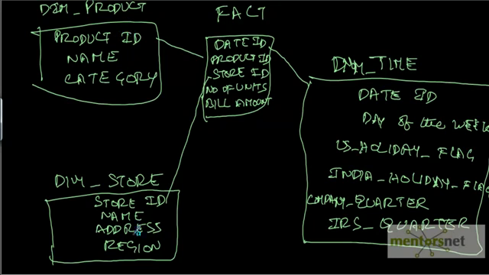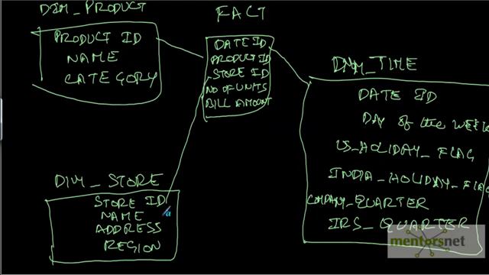In the store also we have only the region and the store name currently, but we can save more attributes, like whether it's a region with high density of population or low density of population, high income, what is the average income level of that region generally as per US data.